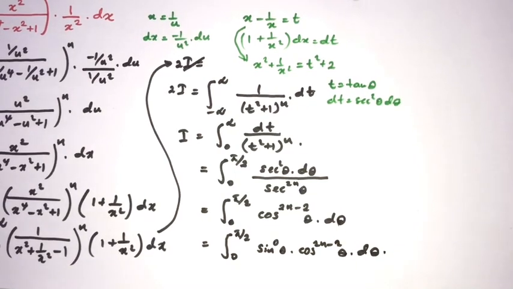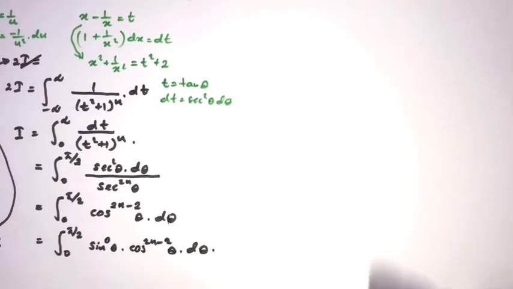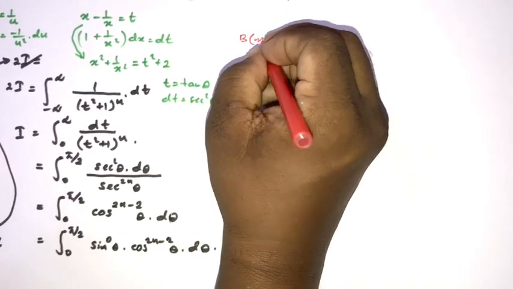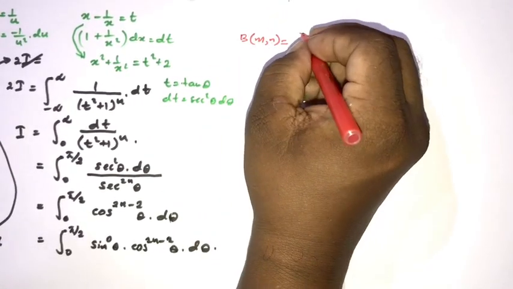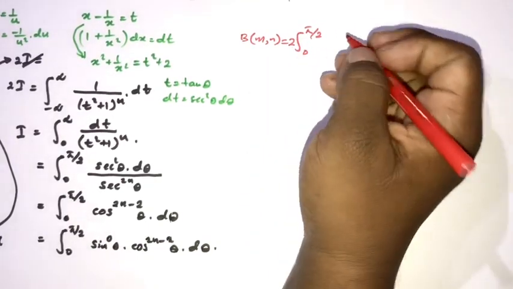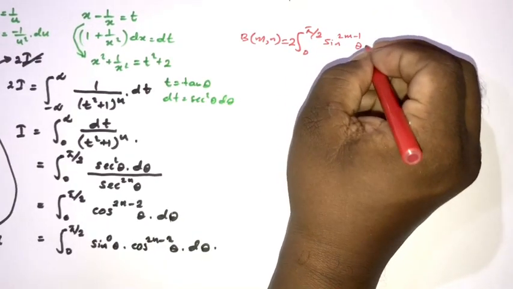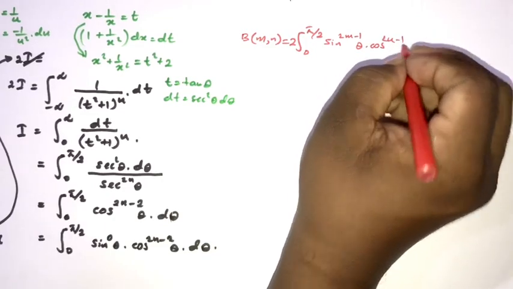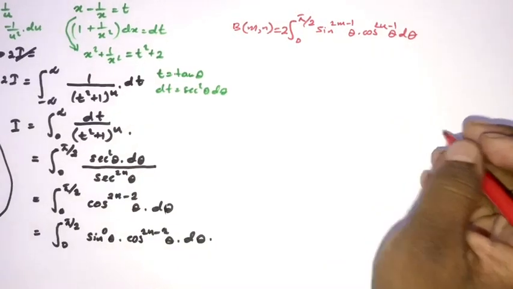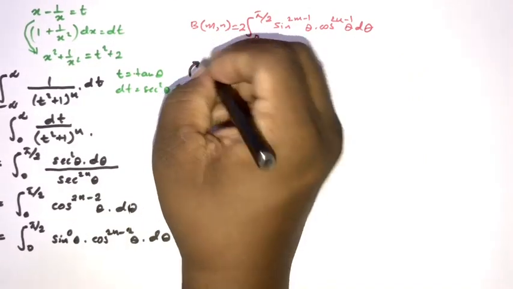Okay, then we know about the beta function integral. Beta of m, n is equal to 2 times the integral from 0 to pi over 2 of sine raised to the 2m minus 1 of theta, cosine raised to the 2n minus 1 of theta d theta. Okay, so we can rearrange our integral.